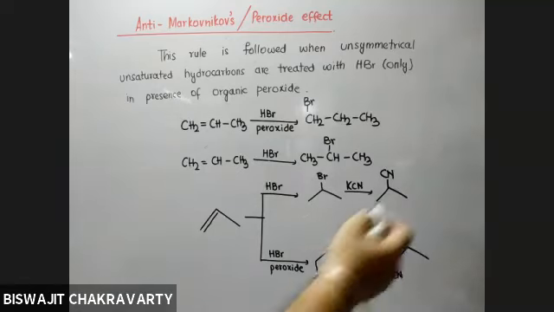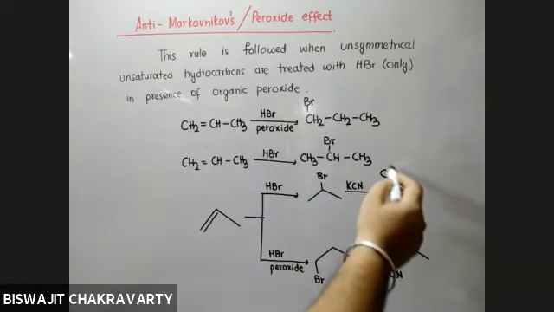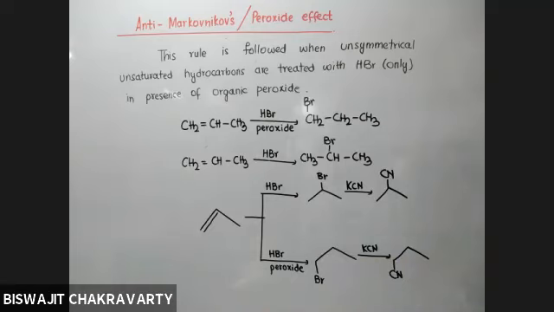And same way, if I hydrolyze it, the CN will be replaced by COOH. So position remains intact. So it is very important for the first time where the Br landed, because thereafter when you continuously keep on doing the chemical reaction, the position is not going to get changed.